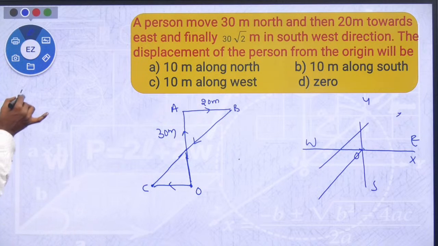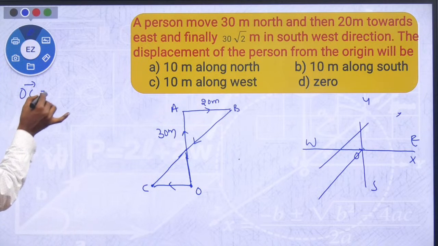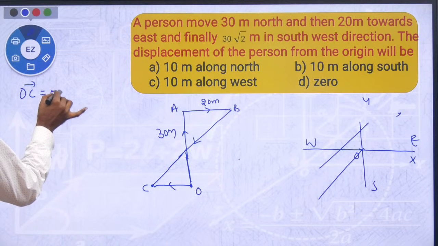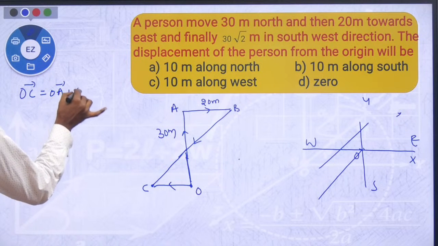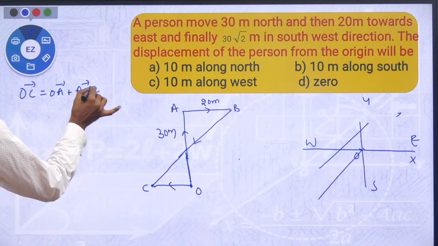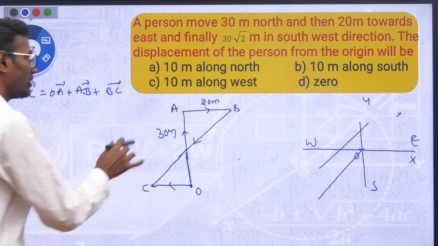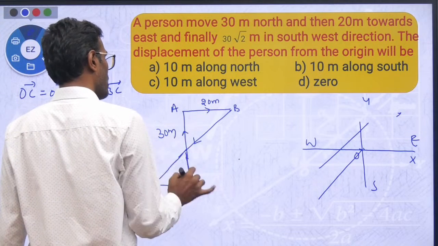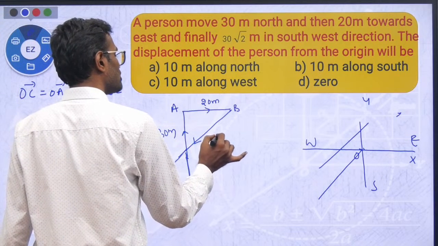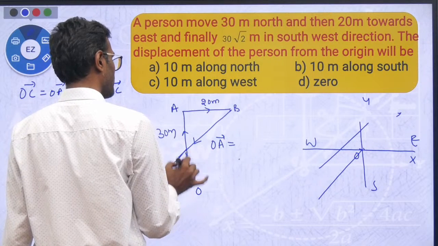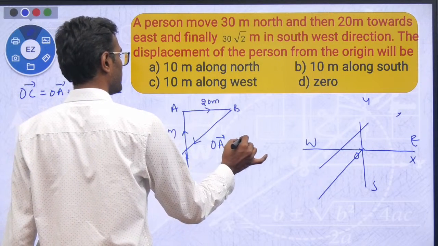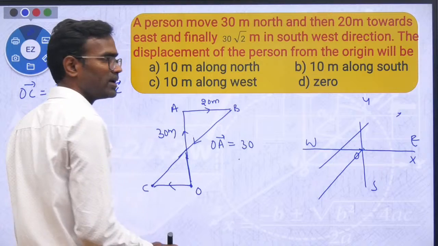So in vector notation, OC bar is equal to OA bar plus AB bar plus BC bar. Now come to this: OA bar is along the y direction, towards north. Let me write 30 as the magnitude.